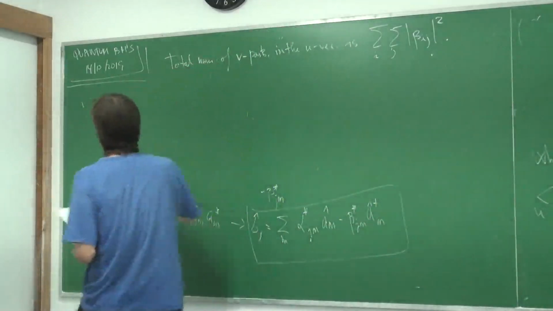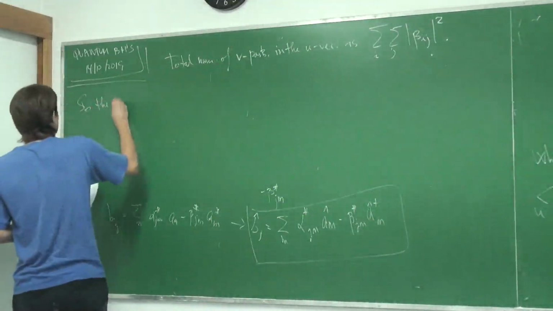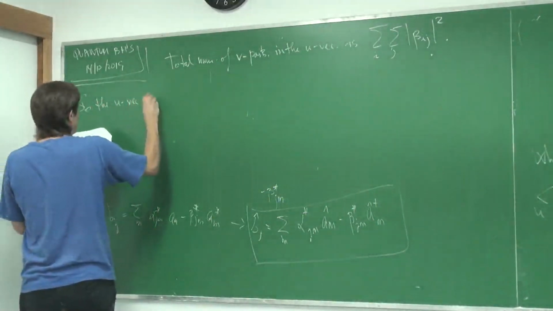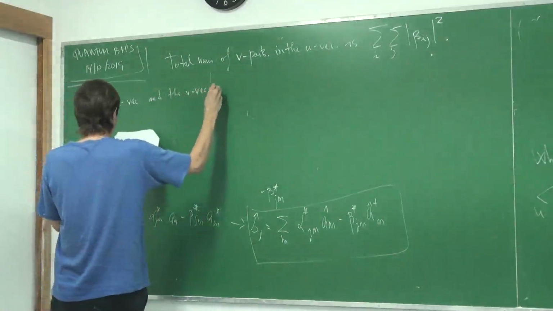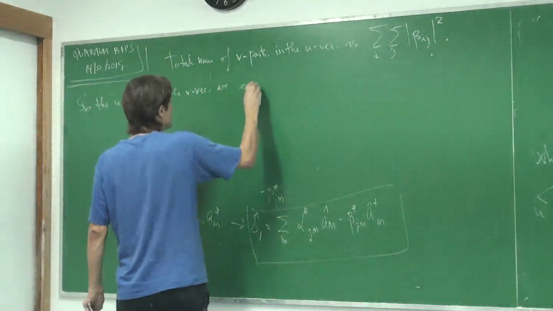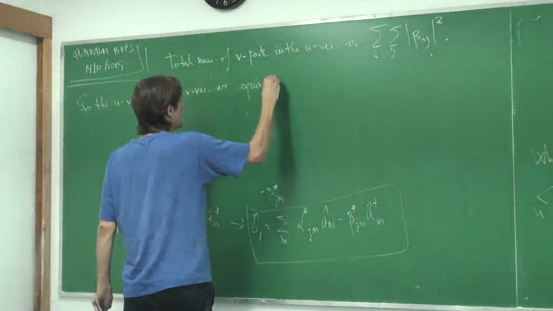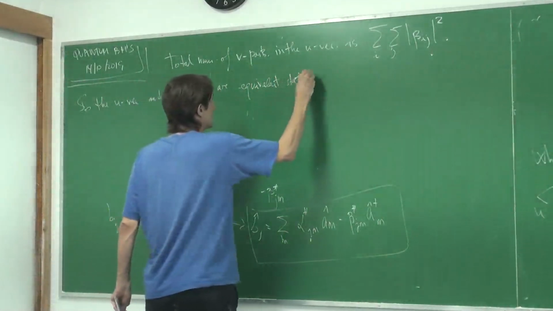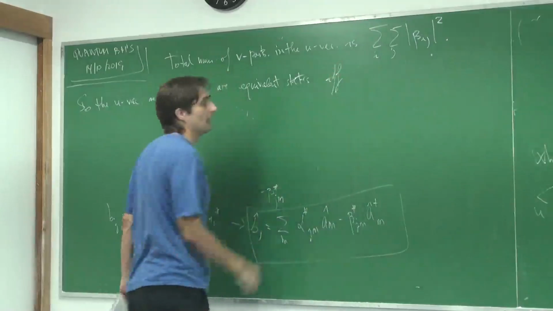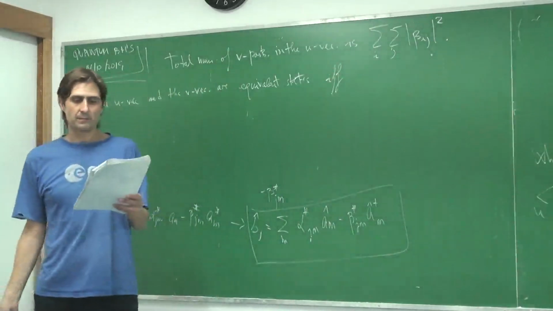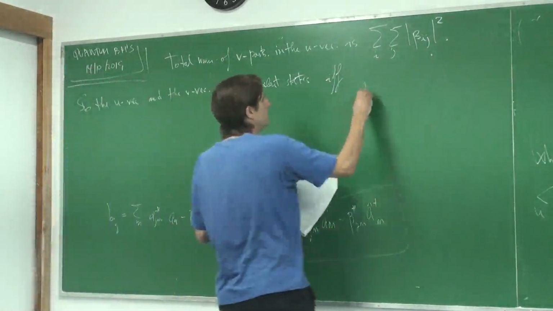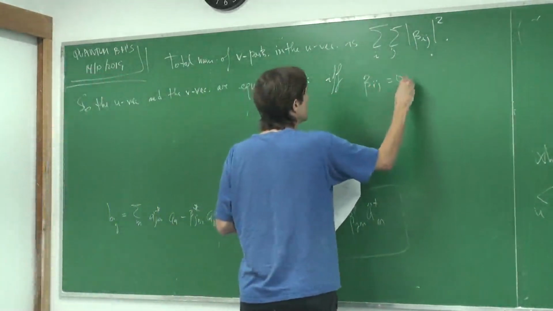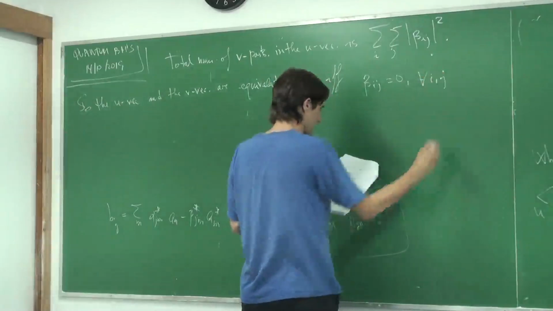So the U vacuum and the V vacuum are equivalent states if and only if, and I use two F's to mean a condition going in both directions, beta IJ is equal to 0 for all I's and J's.